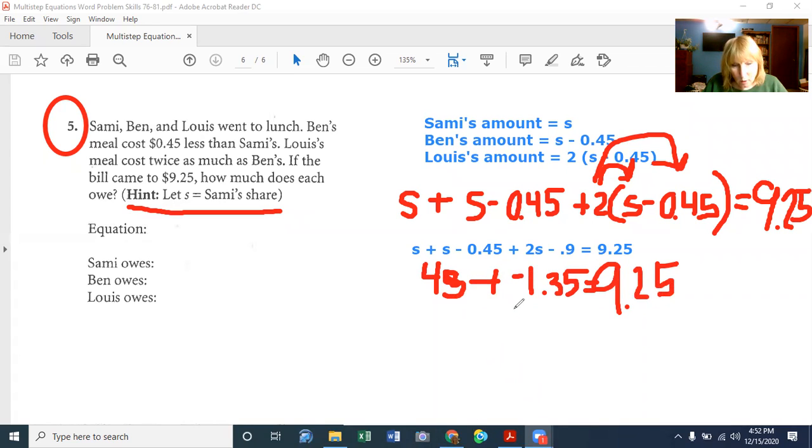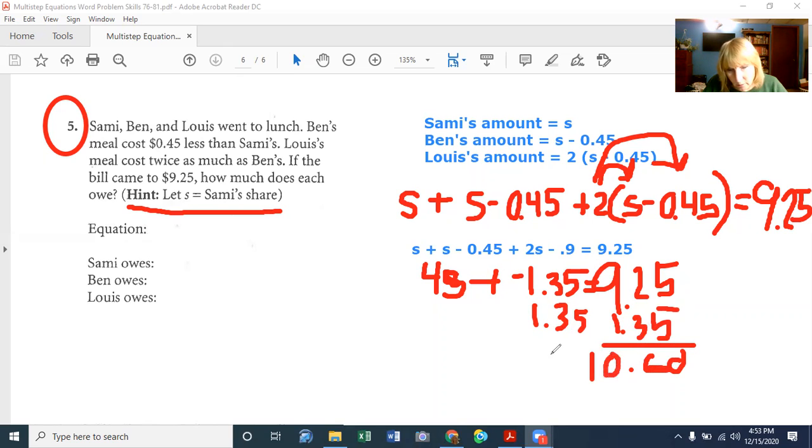Now we can add 1.35 to both sides. And that will give us 10, carry the 1, 6. Oh, that's supposed to be a 6. $10.60 on the right side. And these will cross off on the left side.